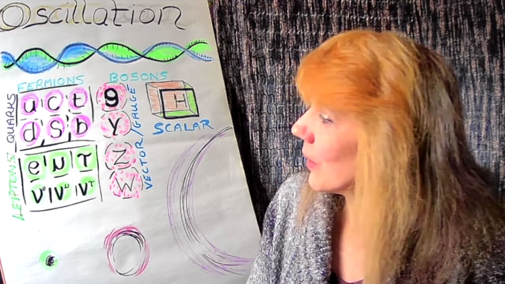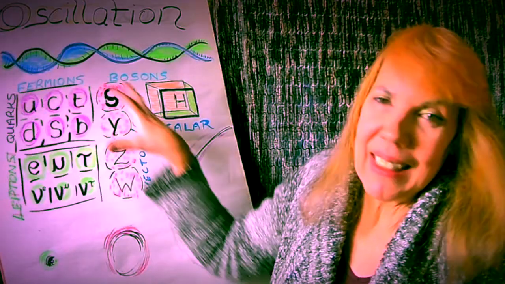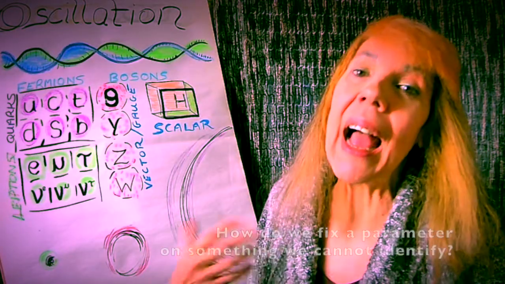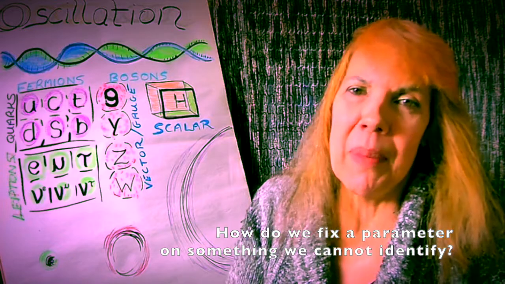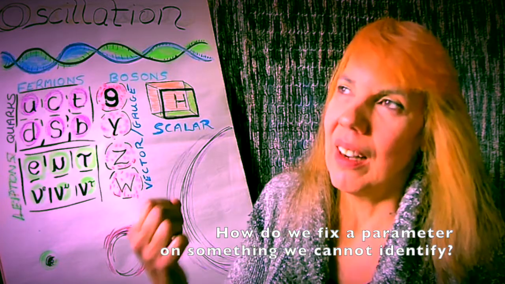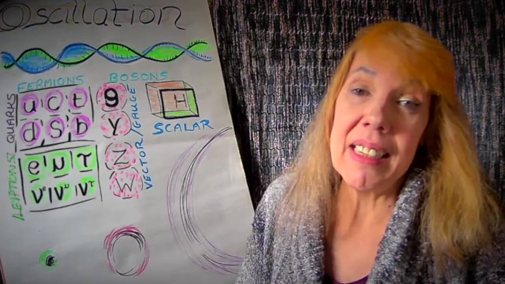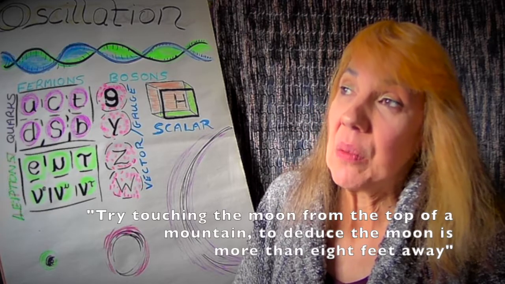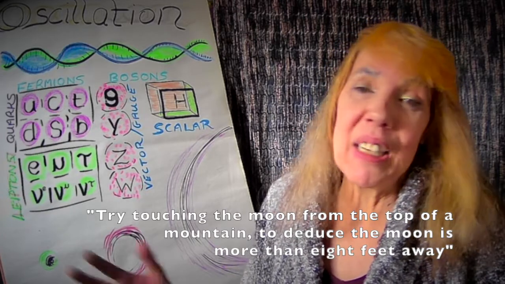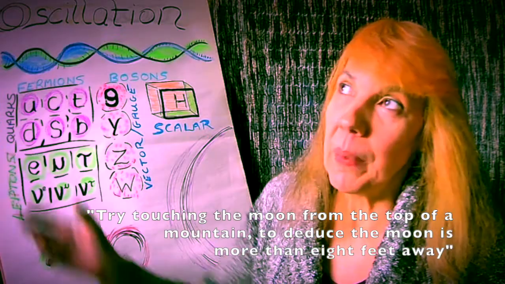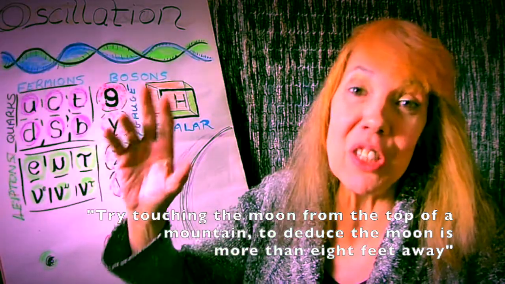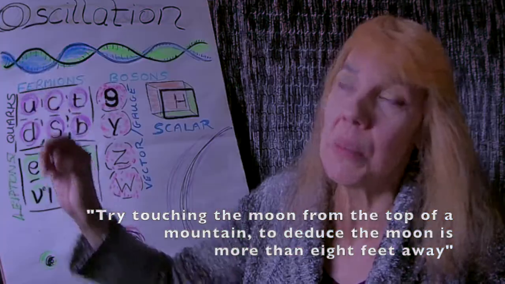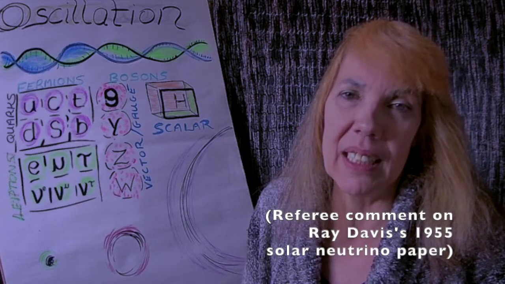And again, we haven't really considered the others too much, because how do we fix a parameter on something that we cannot identify? A scientist apparently was saying it's like standing on the top of the mountain and not being able to reach the moon, so deducing from that the moon is more than 8 feet away from the mountain.